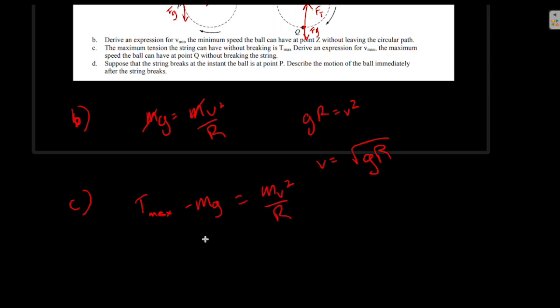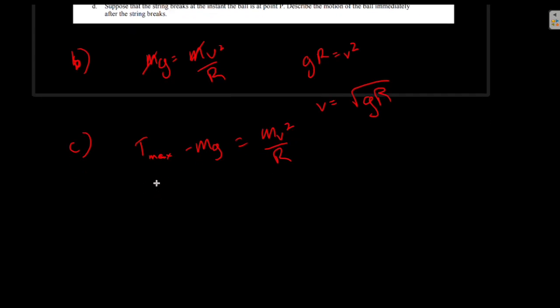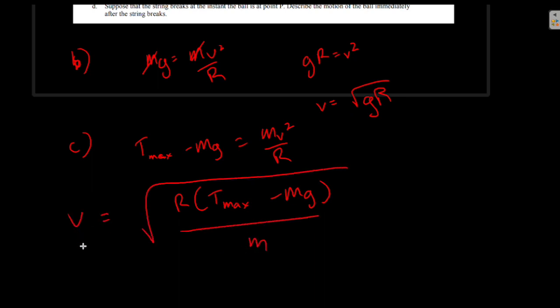And then we could just solve for v in terms of Tmax. So we're going to have r times Tmax minus mg all over m, and then square root it, and then we get Vmax. Here, I'll put Vmax. This looks ugly, but I think that's the right answer.